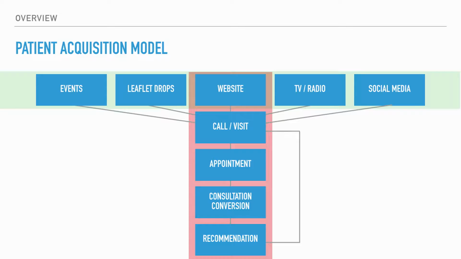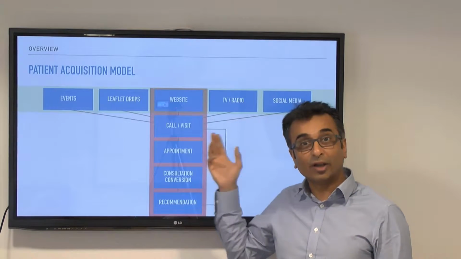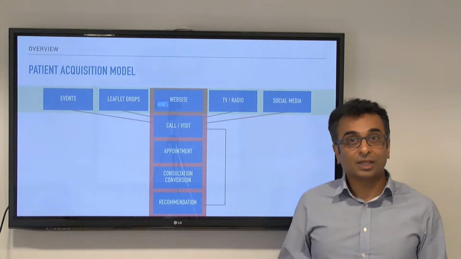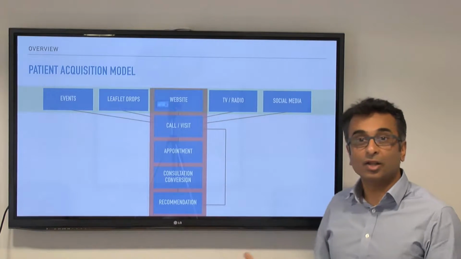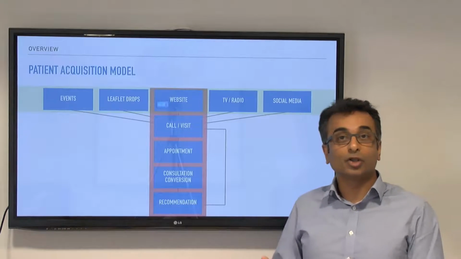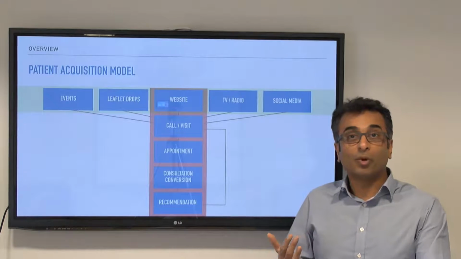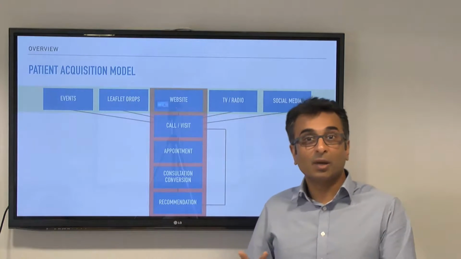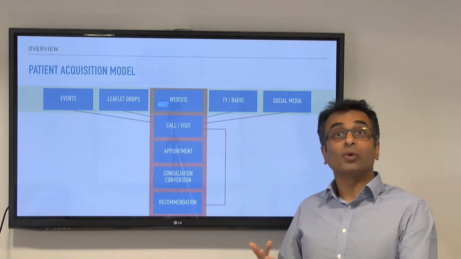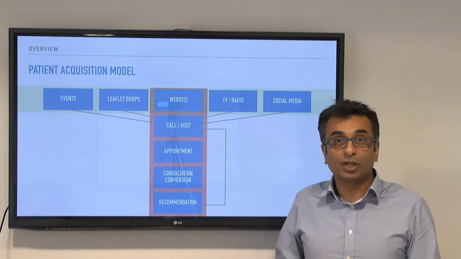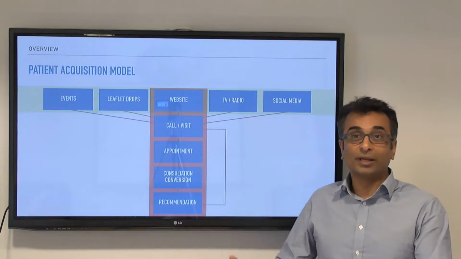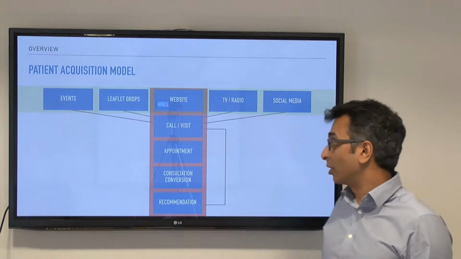In terms of call conversion, if the call successfully converts to an appointment, then that consultation has to again result in another conversion. That conversion from the appointment might be a person upgrading to more improved services, confirming they want to have surgery with that particular clinic, or even upgrading from one type of procedure to a higher value procedure, for example a standard IOL to a toric or toric multifocal IOL.